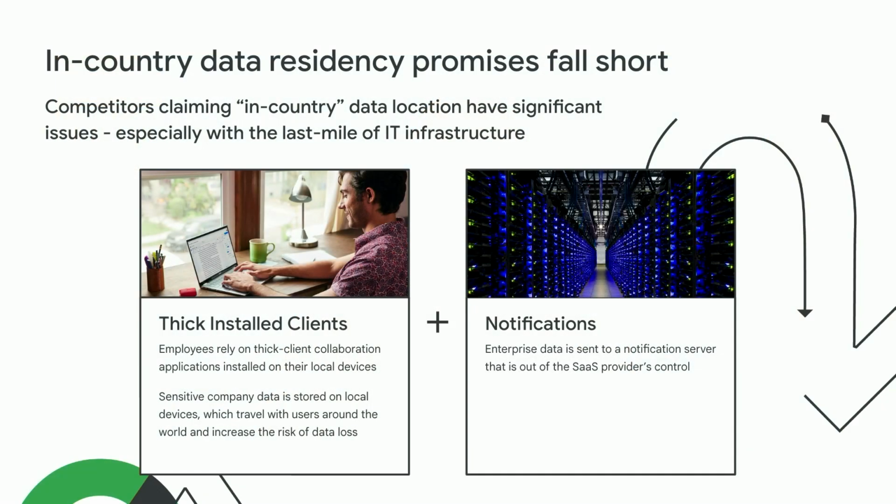To serve notifications on these mobile devices, key enterprise data from every single email and from every single file is sent to the mobile device company's notification servers. These servers are completely outside the SaaS provider's ecosystem, and therefore out of the control of that SaaS provider.